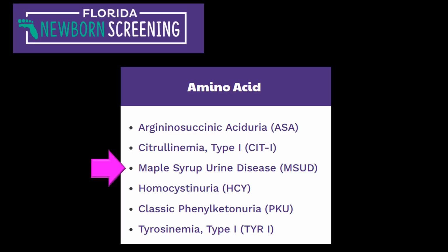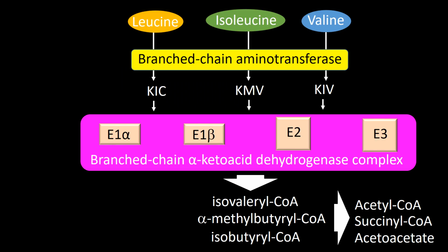Maple syrup urine disease is a rare condition. We will address it here. This figure presents an overview of the branched chain amino acid catabolic pathway. Leucine, isoleucine, and valine undergo transamination by branched chain aminotransferase with the help of alpha-ketoglutarate. Such a reaction leads to the production of alpha-ketoacids with difficult-to-pronounce names that will be omitted.